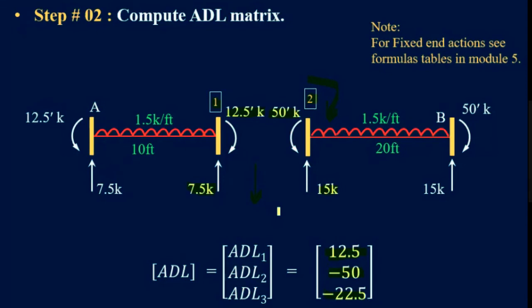As I already told you, you need to pick the values of the fixed end actions corresponding to your specified displacements. So here we need to choose the values of the vertical reactions. These vertical reactions are ADL3. Why? Because they correspond to D3. Okay, I hope this is clear.